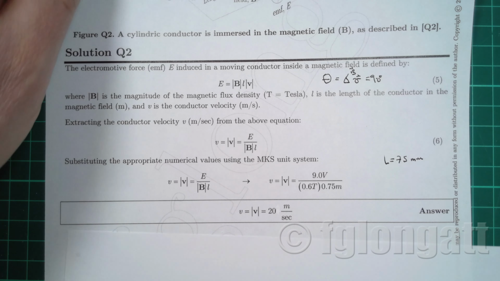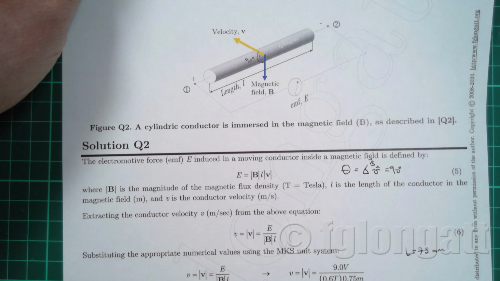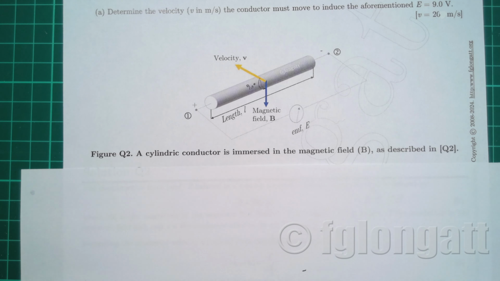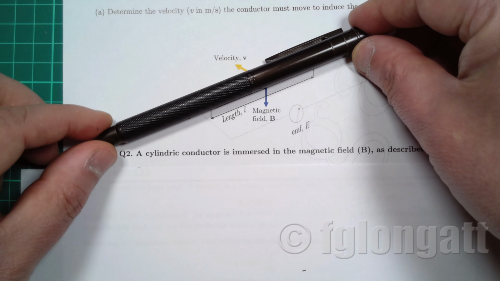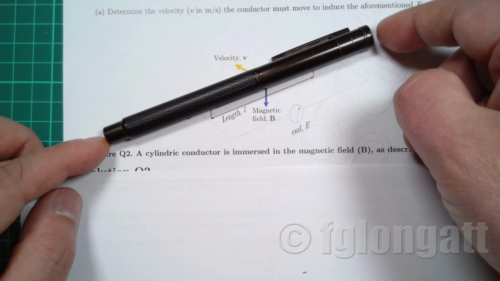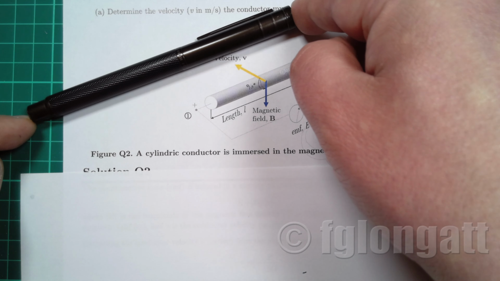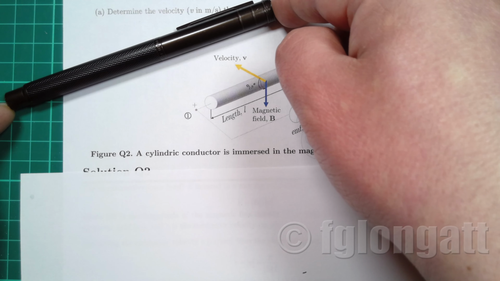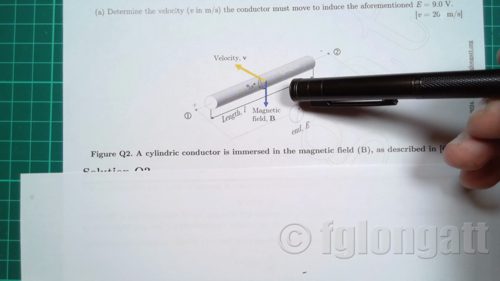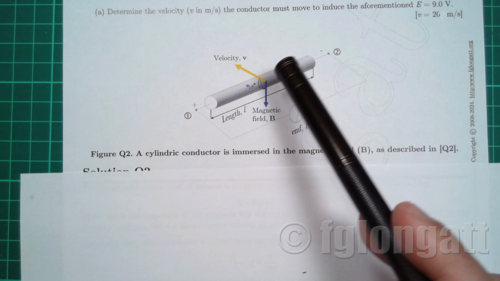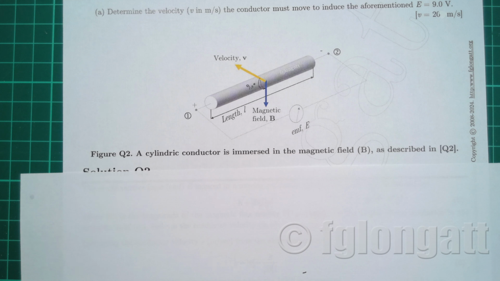This example is very illustrative because we can conclude that if we have a conductor of 75 millimeters or 0.75 meter, moving with a constant speed of 20 meters per second inside a magnetic flux density of 0.6 teslas, the induced voltage between the terminals will be the magic number 9 volts.